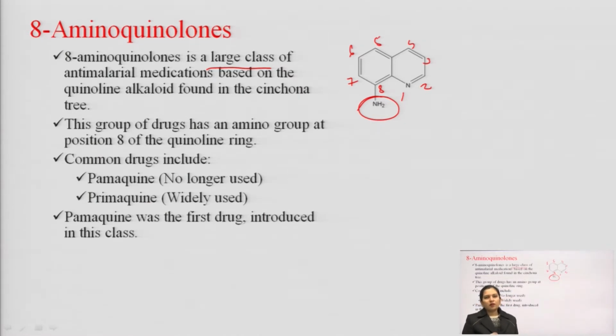There are basically two drugs, one is pamaquine and the second is pamaquine. Pamaquine was the first drug introduced in this category, but now it is no longer used because of its side effects.